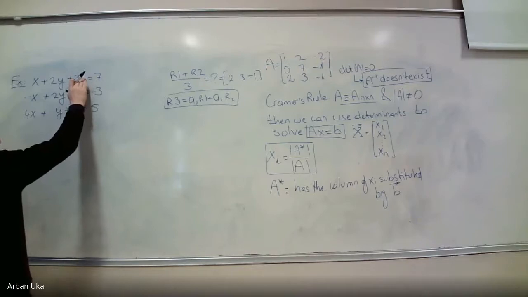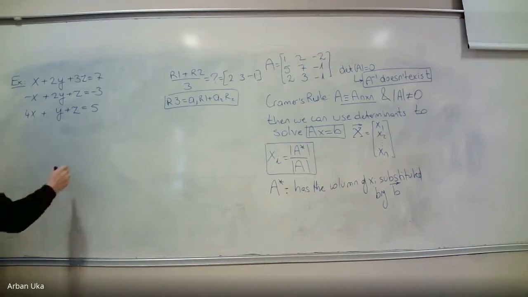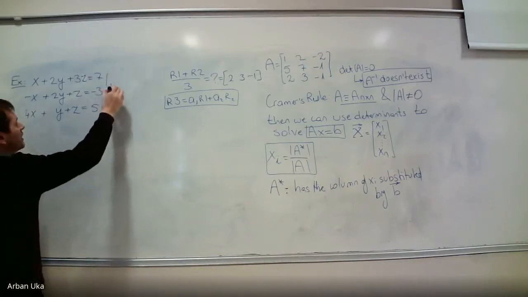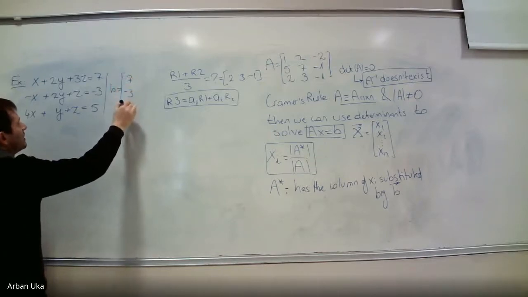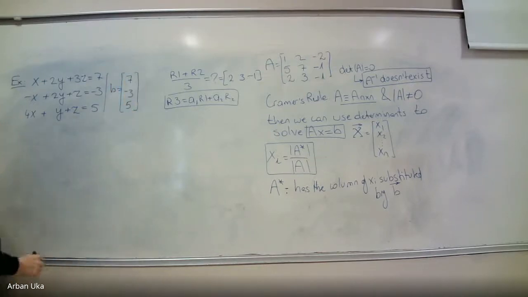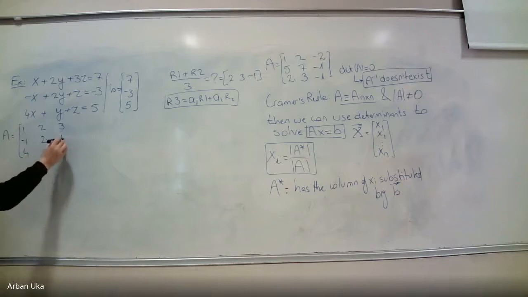Z. So this is z. Thank you for noticing this. Here the answer vector b is 7, minus 3, 5, and the matrix A is 1, 2, 3, minus 1, 2, 1, 4, 1, 1.